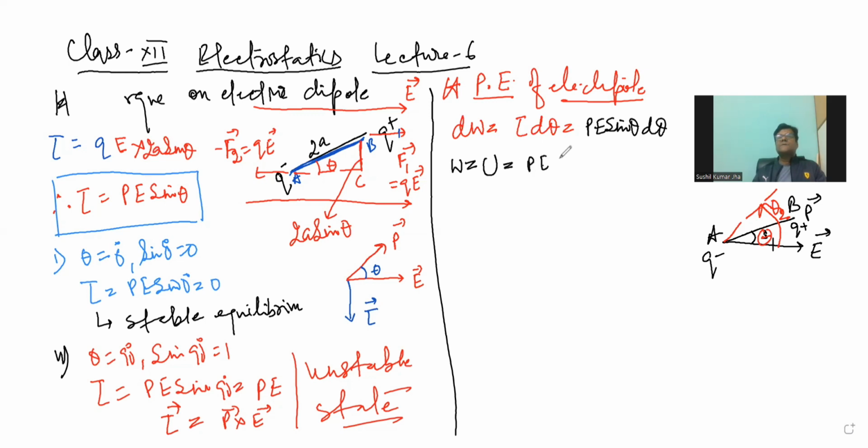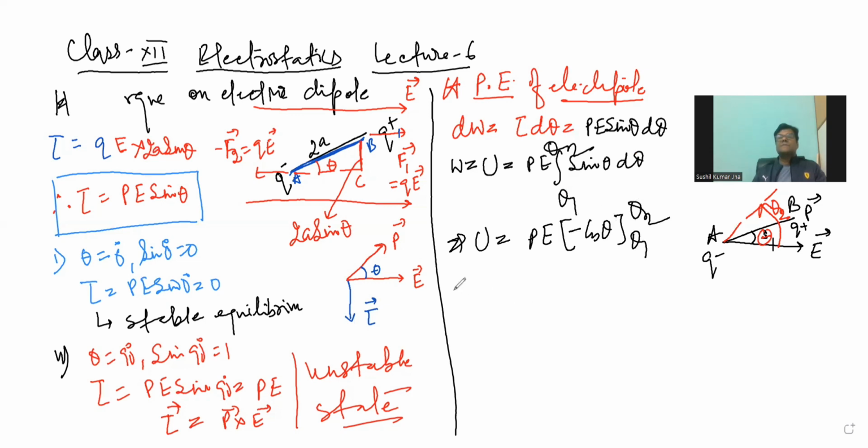So total work done, which is in the form of potential energy, symbol is U. So this PE is constant and sine theta d theta is integrated within the limit theta 1 to theta 2. So U becomes PE, and sine integrated gives minus cos theta, and limit is theta 1 to theta 2.